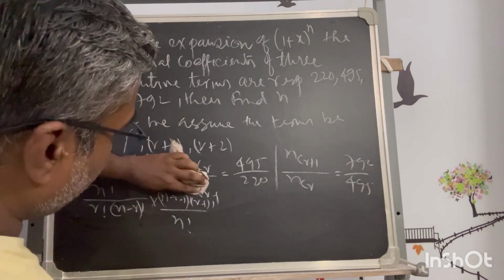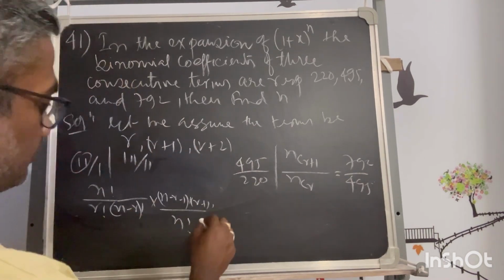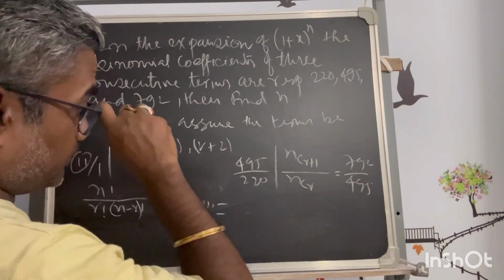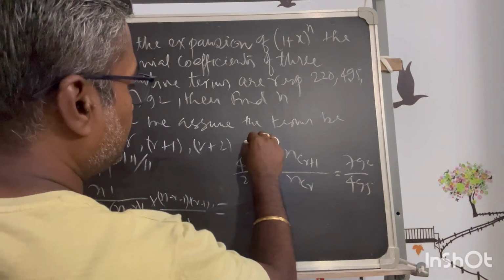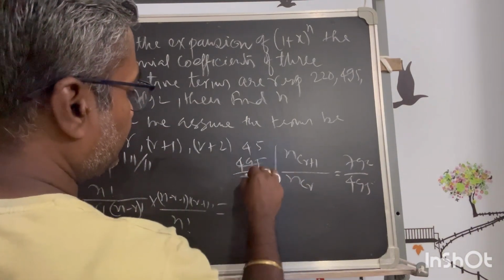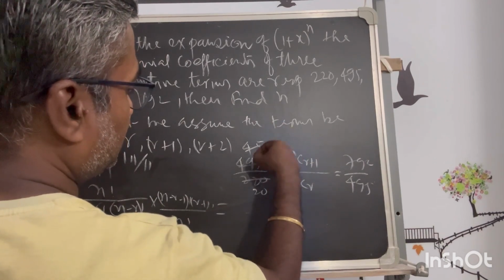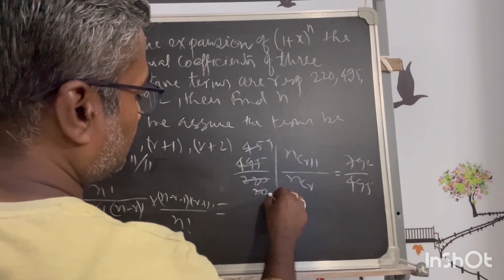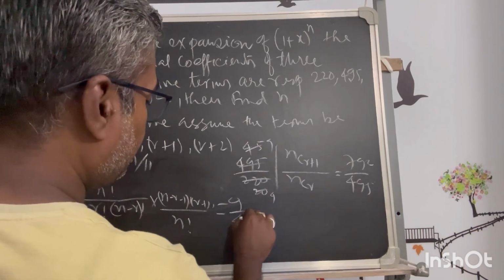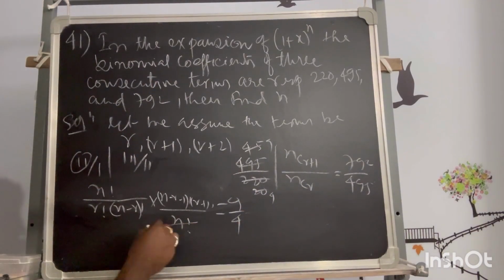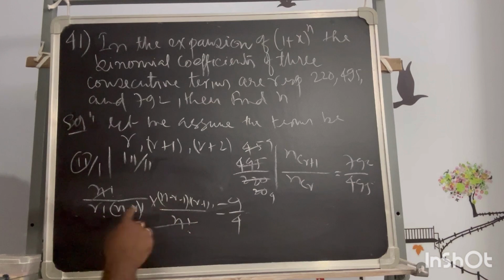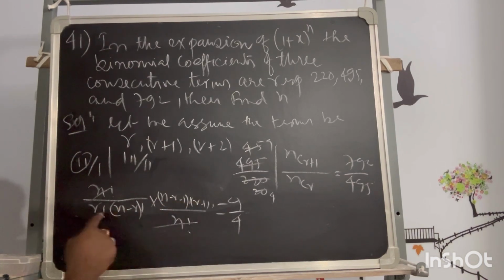Along with that, this fraction, if we divide by 11, 495 by 220 reduces further by 5 to 9 by 4. Now reduce it: n cancels out, and n minus r is the higher one, so this will cancel.